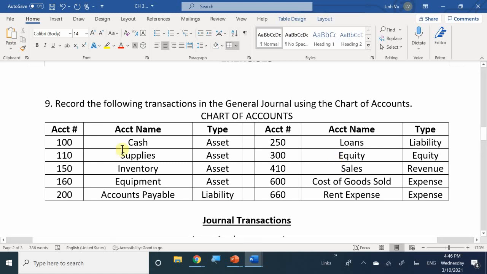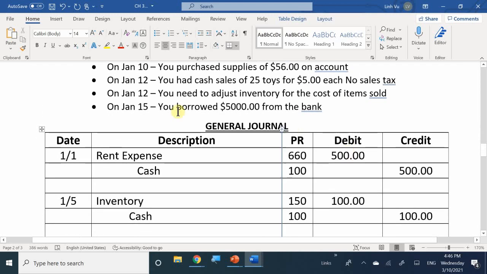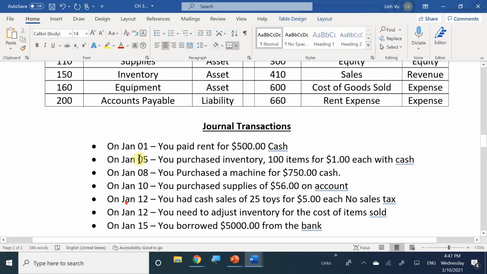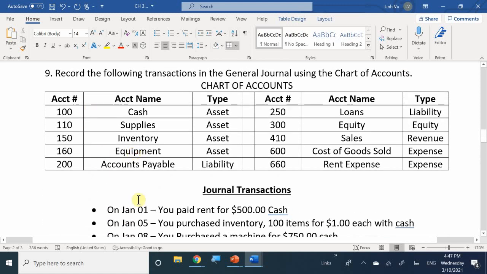So here we have accounts payable. It's definitely not a loan. So I have determined my accounts. Now, if I purchase supplies, am I increasing my supplies or decreasing it? You're increasing, so it's an asset. So how am I going to increase it?